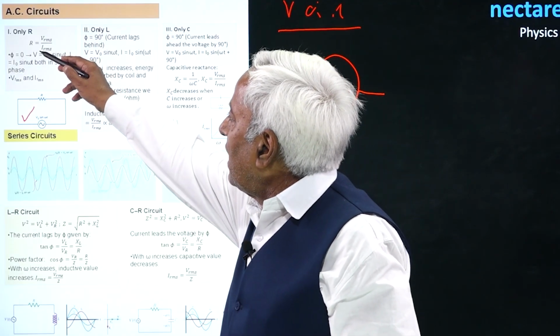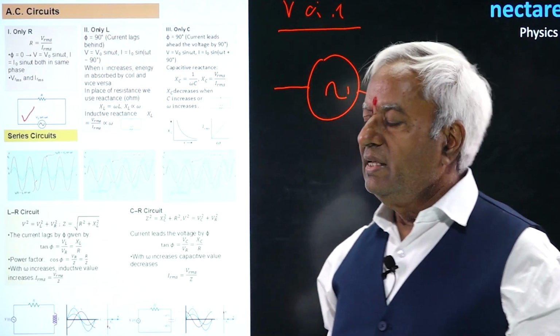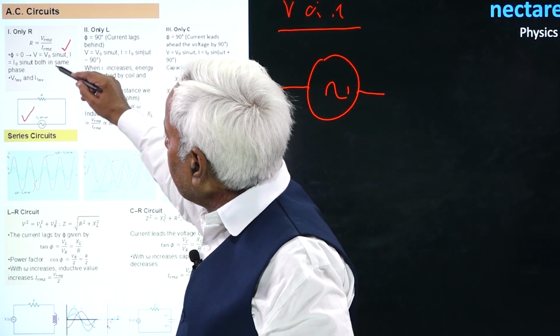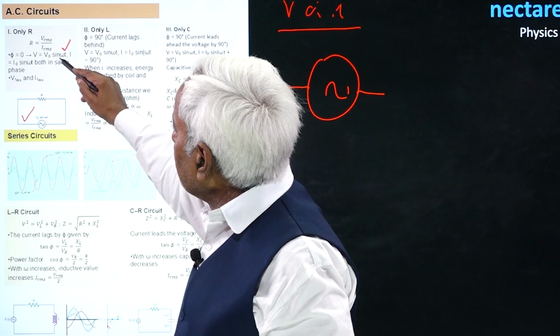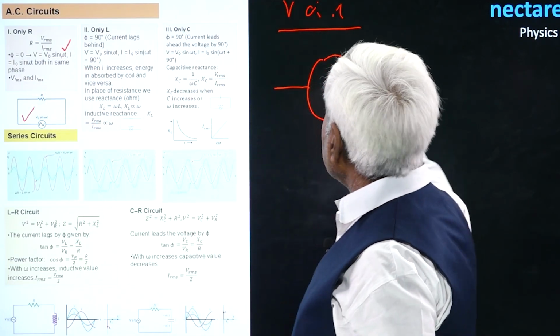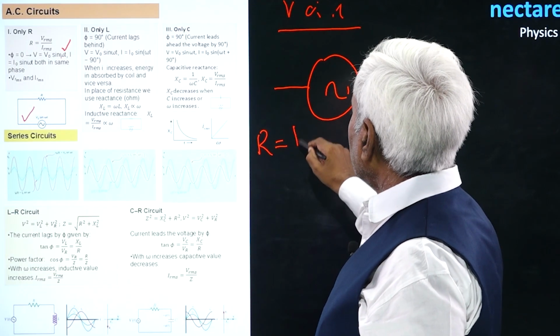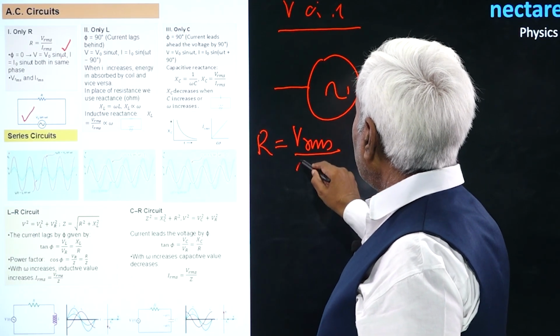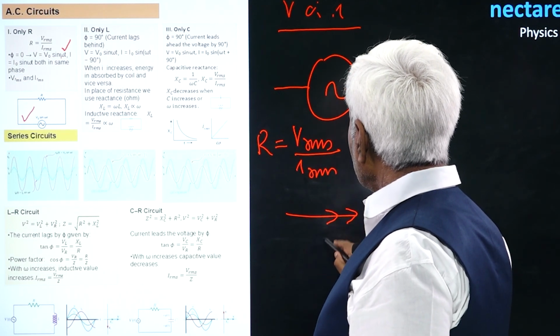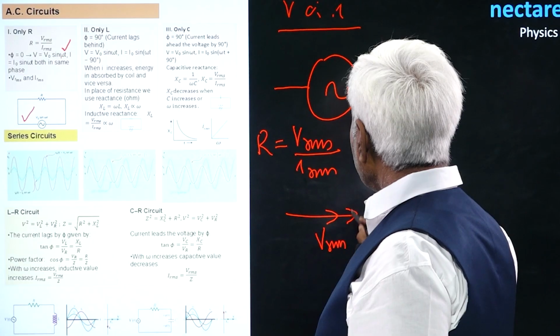Here R equal to Vrms upon Irms. You'll have the phase for both voltage and current the same: V0 sin omega t, I0 sin omega t, and resistance will be given by Vrms upon Irms, both in the same direction.